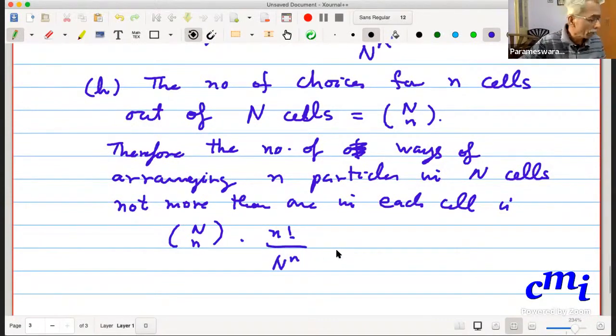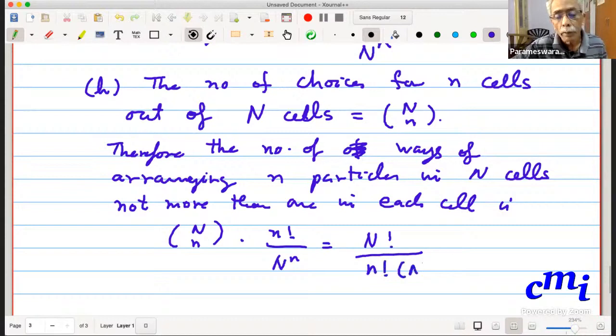Which you can slightly simplify. Well, I will not do that. Should I? N factorial by n factorial, (N minus n) factorial, times n factorial by N power n. So this can be cancelled and you can simplify that.